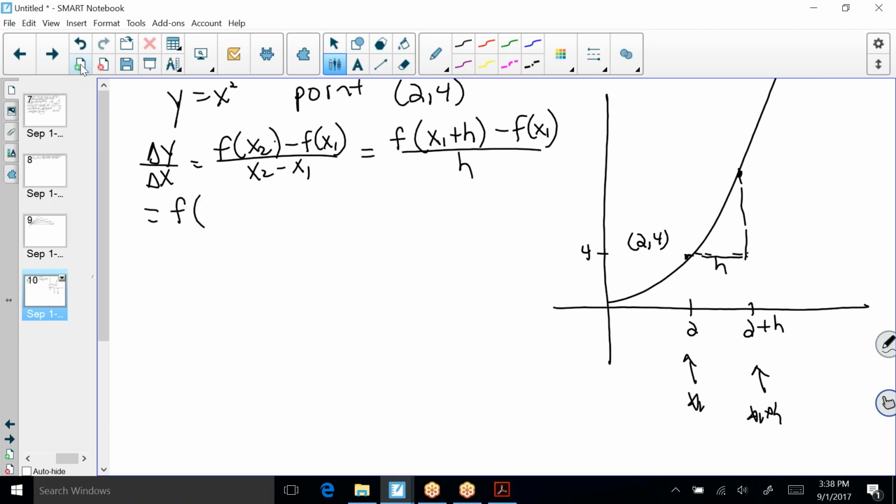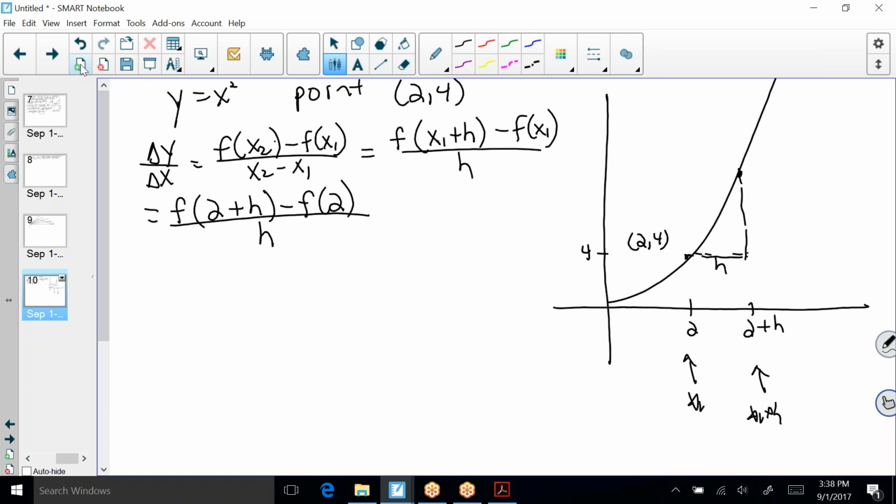All right, so here with this point 2, 4, we only have one x value, right? So this is going to be f of 2 plus h, as our x value is 2, minus f of 2, divided by h. And now we're going to take 2 plus h, we're going to plug it into our function f.